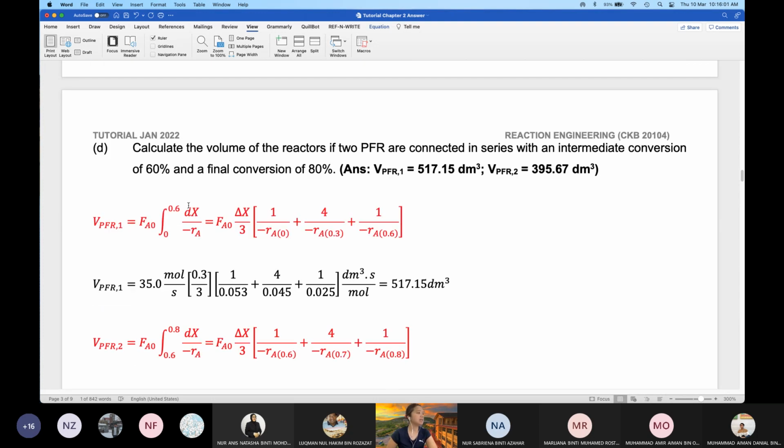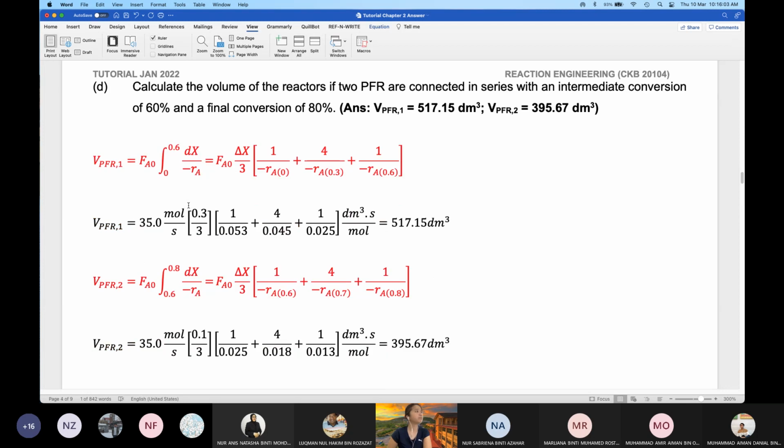We go to part D. Part D is now 2 PFRs connected in series with intermediate conversion 60% and final conversion 80%. So I have 2 PFRs, my X1 is 0.6, my X2 is 0.8, and we want to find the PFR volume. Let us go one by one.